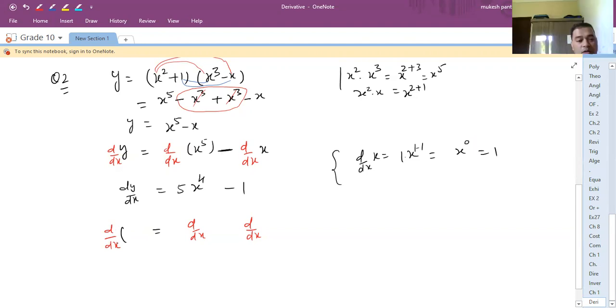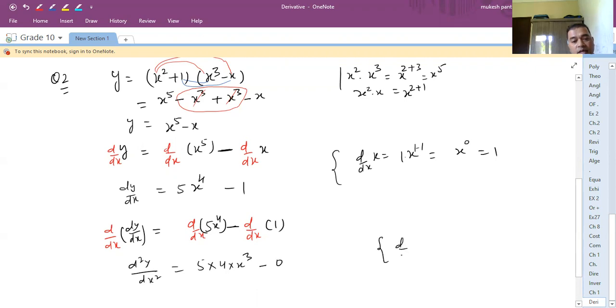Okay, so d over dx, and this is dy over dx. Here 5x to the power 4, and then minus 1, minus d over dx, and this is 1. So how do we write this one? d square y over dx square, and 5 times 4 times x to the power 4 minus 1 is 3, and this is 0, right?